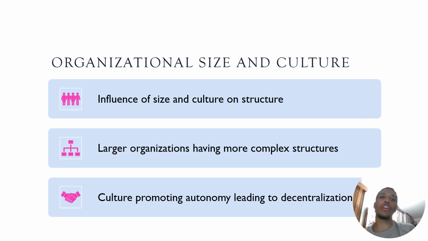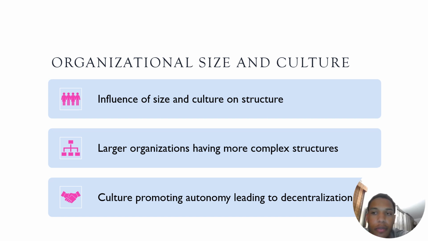Moving on to organizational size and culture. The size of an organization impacts its structure. Larger organizations tend to have more complex structures with multiple layers of hierarchy. You'll see here that the influence of size and culture on structure is important. Organizational culture, which includes shared values and norms, also influences structure.